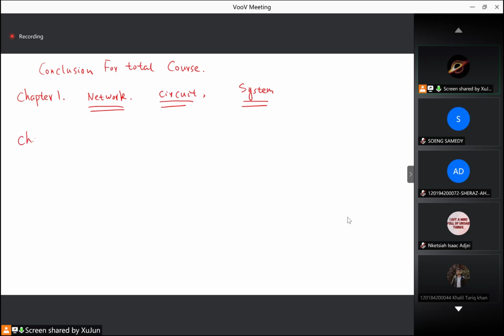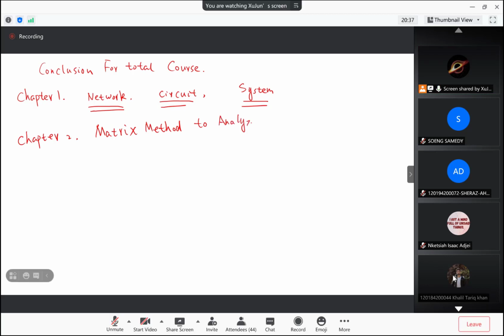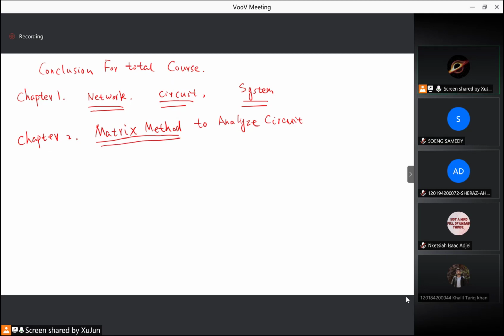In chapter 2, we have discussed the matrix method to analyze circuits. And the matrix method is widely used in computer simulation.